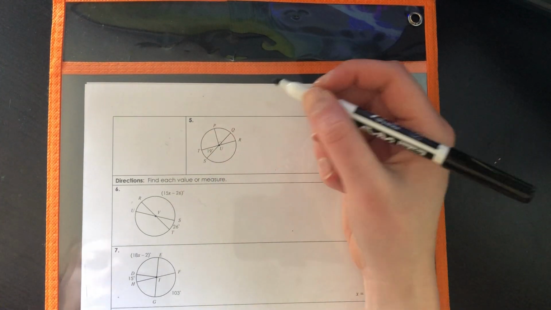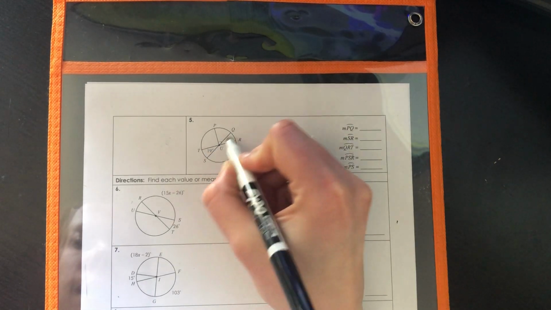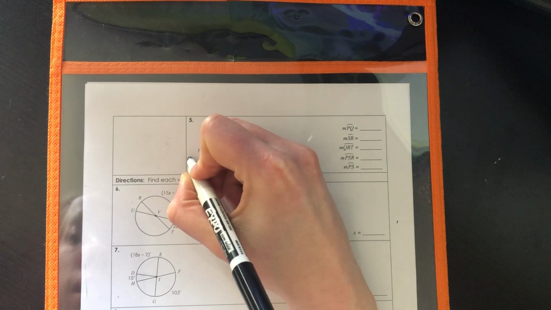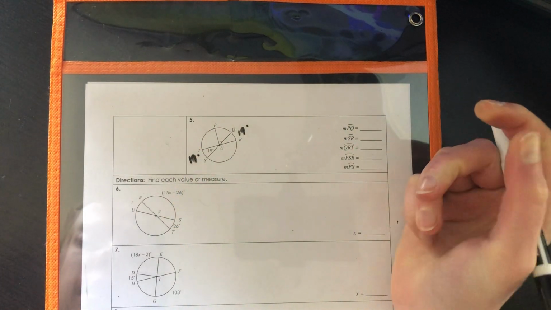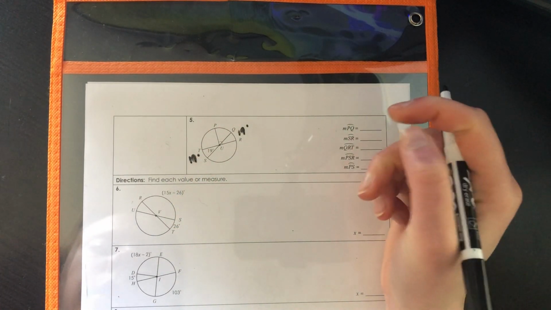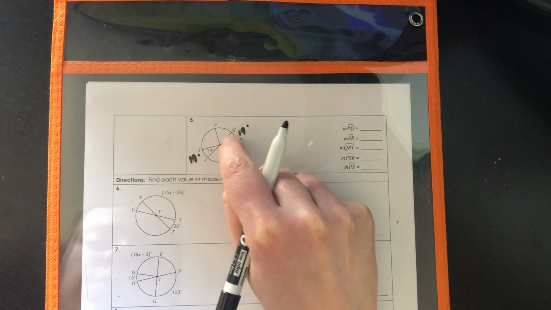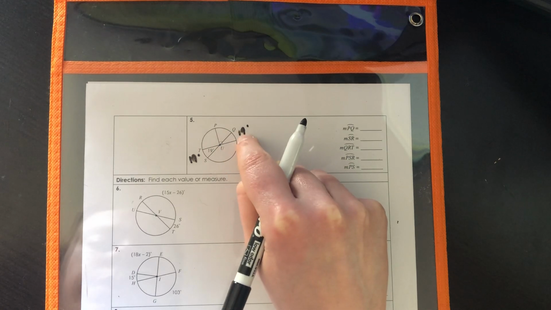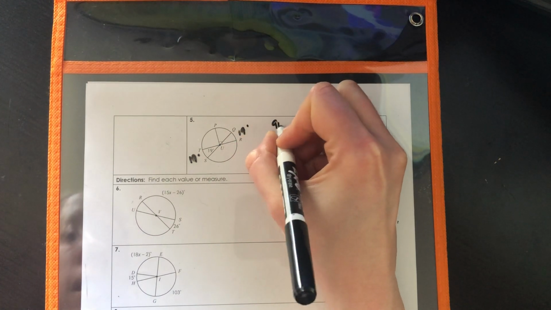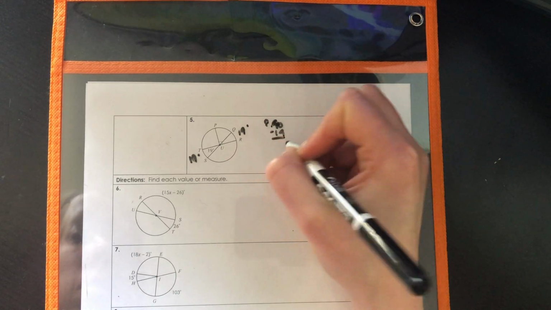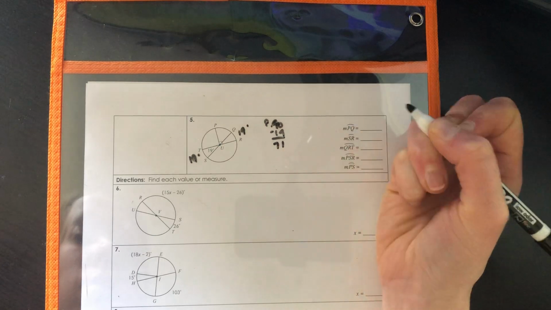All right, now, if I fill in what I know, I see vertical angles, so I know arc QR and arc TS are both 19 degrees. I see this box, this right angle, so these two angles add up to 90. Well, one of them is 19, so 90 minus 19 is 71.